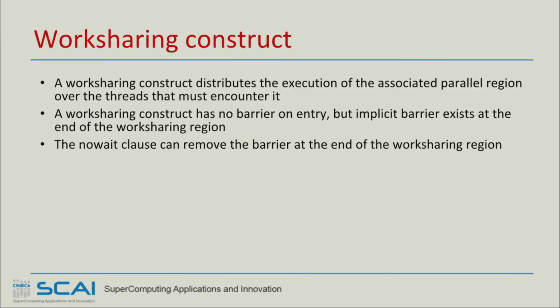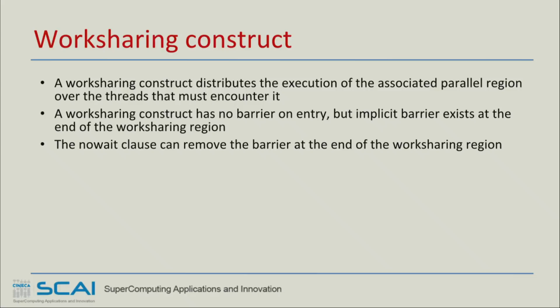But there are some other methods to perform work sharing. There are some work sharing constructs. The idea is that I would like to make this kind of work sharing more simple for the programmer.